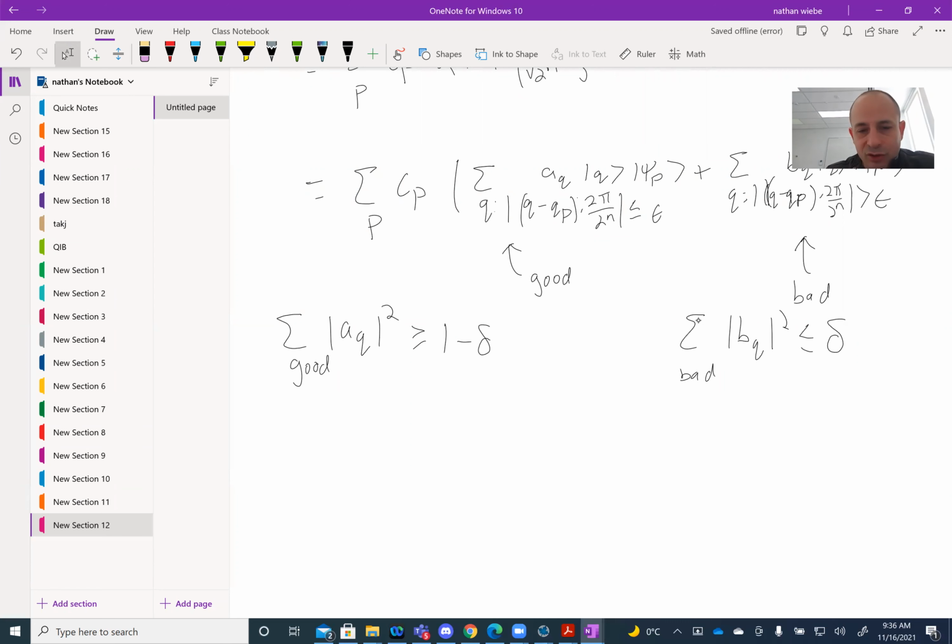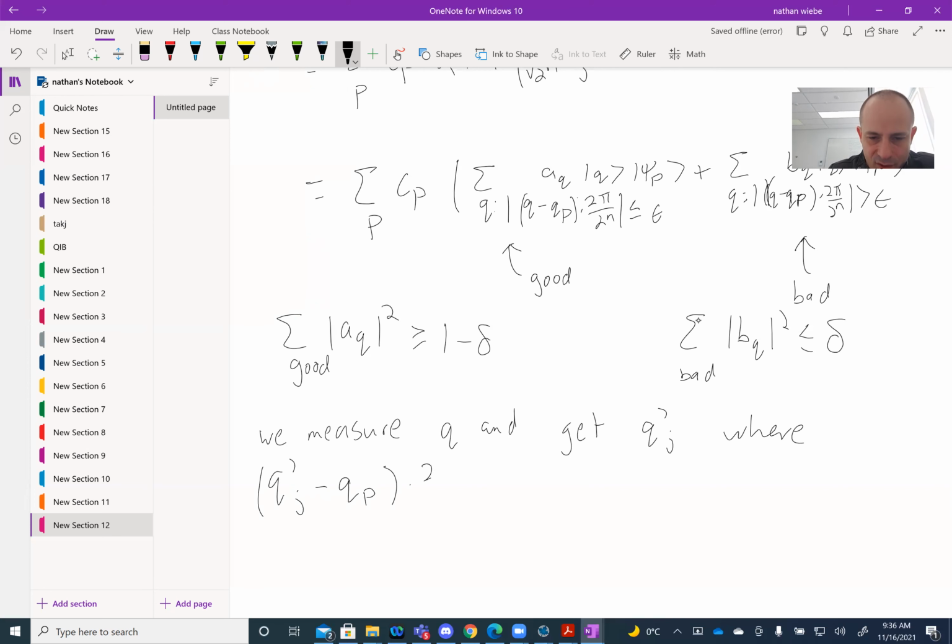Just to give some intuition, let's imagine that we measure q and get q prime sub j, where the absolute value of q prime_j minus q_p times 2π over 2^n is less than epsilon, i.e., q prime_j is good. All right, so we've got a success.